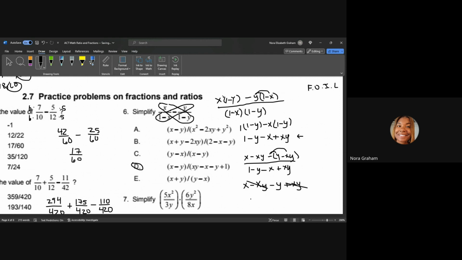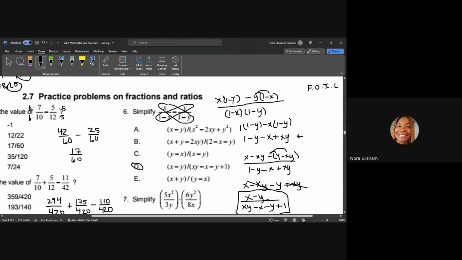So that means I would have x minus y over my denominator. And I can write it like them because xy is positive, that's fine. I have a negative x, a negative y, and that one is positive. They just decided to write it differently, which is fine. Plus 1. So our answer would be D. And this is our final answer.